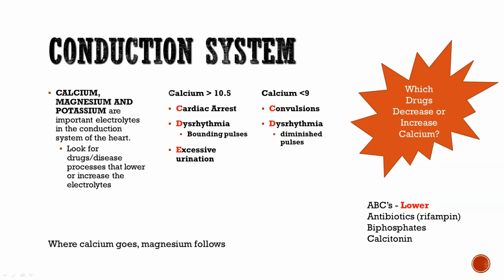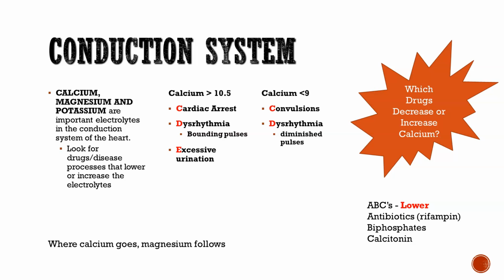Okay, some things that can happen with electrolytes. We're going to just look at calcium real quick. I see CDE, right, and CD. So it starts with calcium. That's why we start with the C. But when I'm looking at that, what I want you to understand is the big one is dysrhythmias. The big one is pulses. If you go and you feel a bounding pulse, you know you need further assessment.